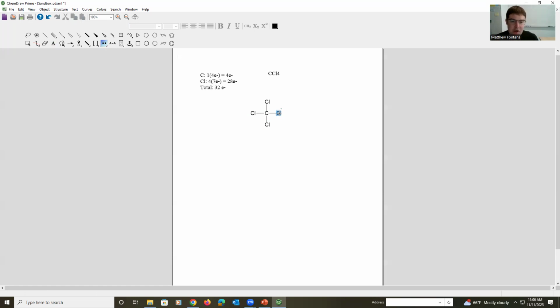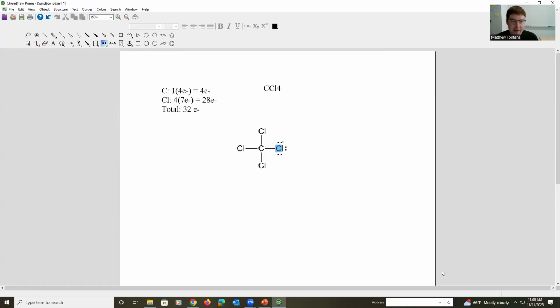So I need to do one lone pair, two lone pair, three lone pair. And when I then look at that, you're going to notice that I have two, four, six, and then eight electrons associated with chlorine. And so chlorine has an octet, and I'm in good shape here.